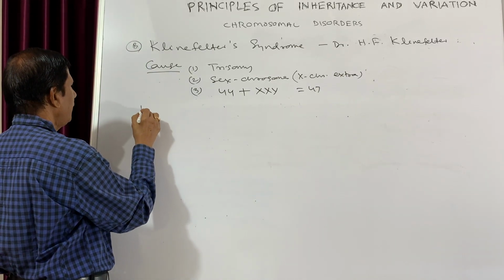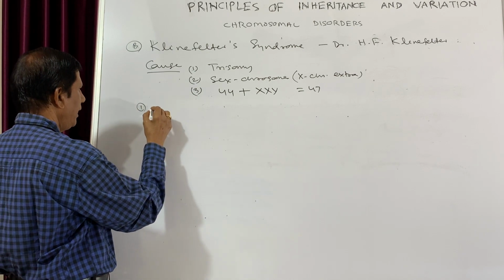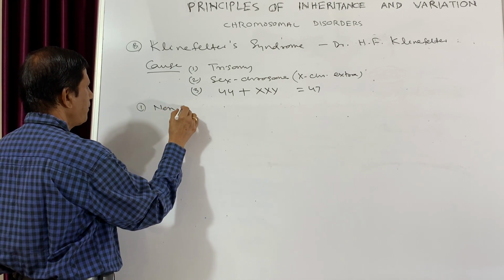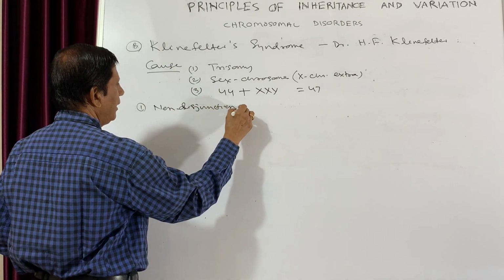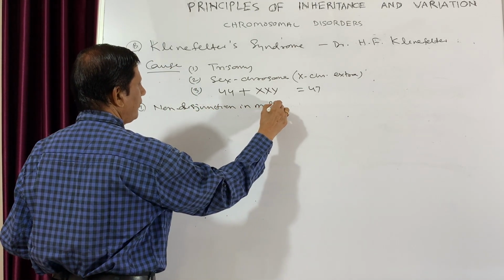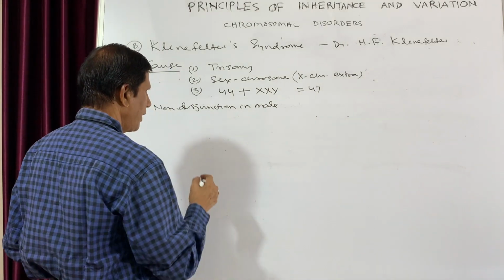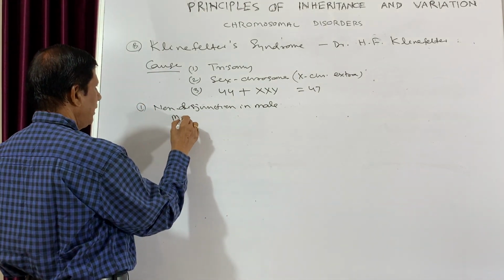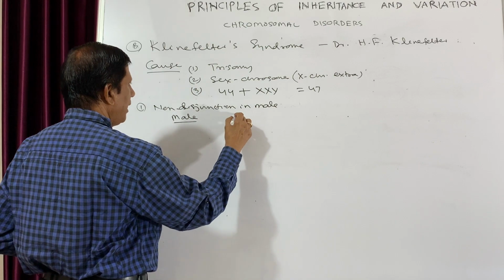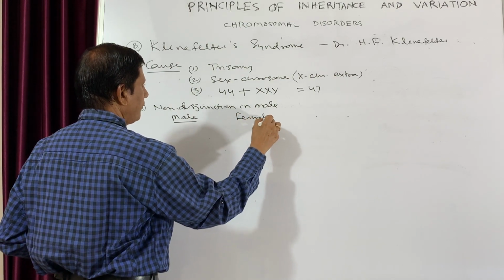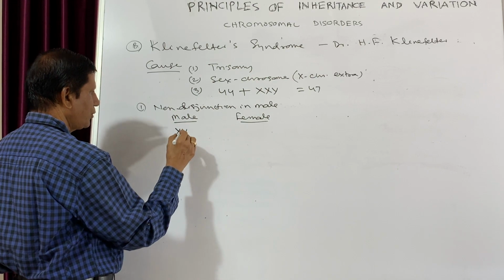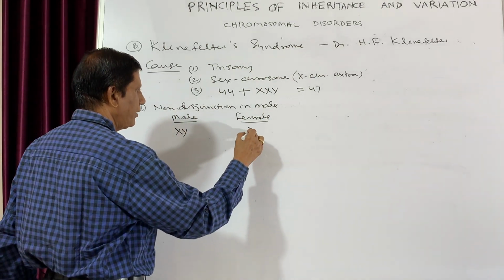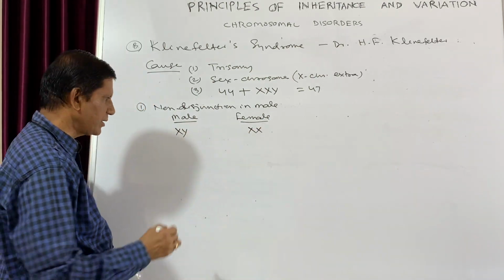Now let us take one case where there is a non-disjunction in male. Let us take one male and one female. The male sex chromosomes will be XY, and the female sex chromosomes will be XX.